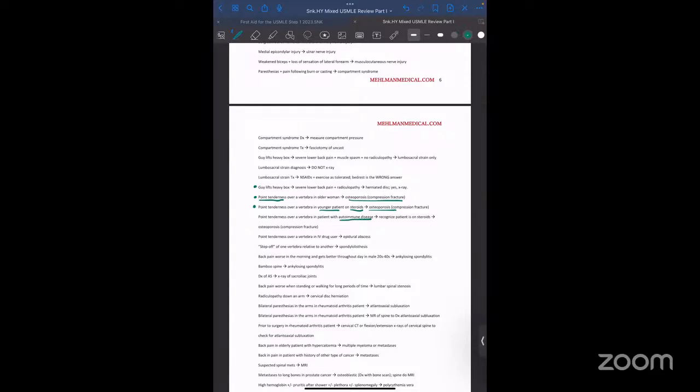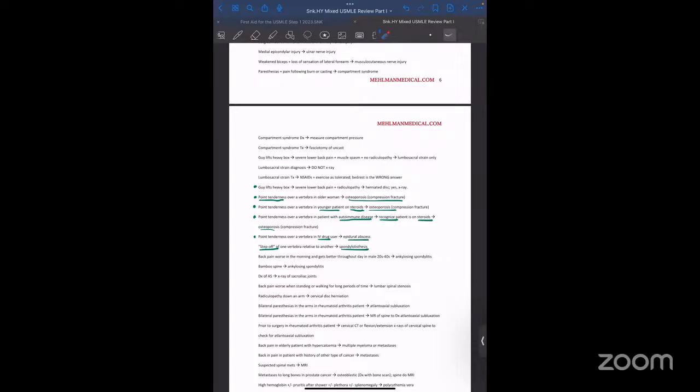They're not going to tell us directly the patient is taking steroids, so with autoimmune disease, we have to recognize that the patient is on steroids. And osteoporosis, compression fracture again. Point tenderness in an IV drug user, epidural abscess. Step off, keyword, of one vertebra relative to another is spondylolisthesis.